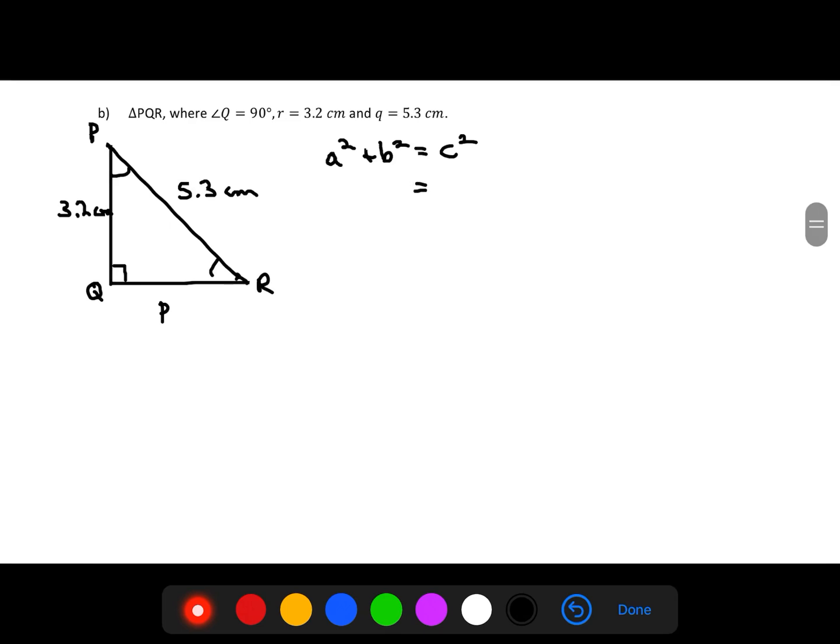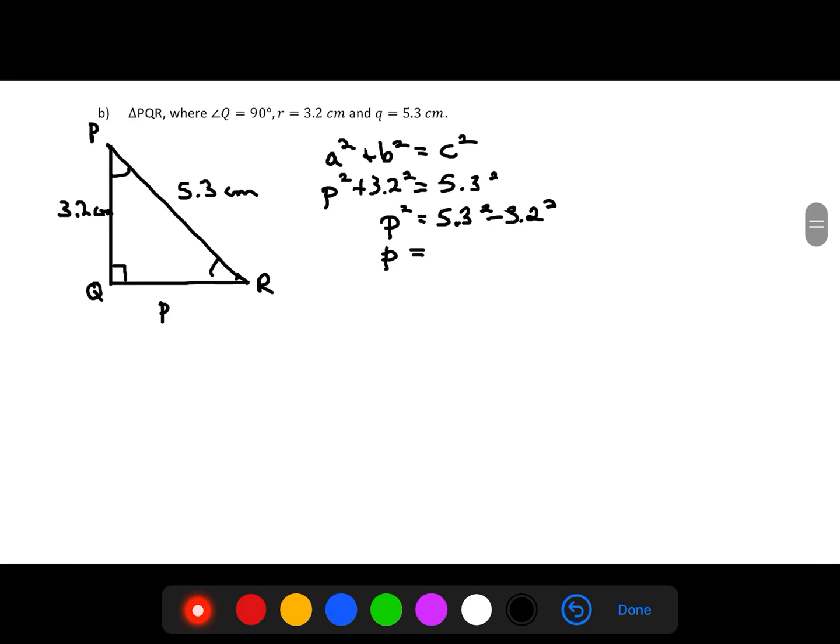We know that a squared plus b squared equals c squared. So we can't forget that we do still have Pythagorean theorem if we know two of our sides. So we want to solve for p, meaning we're going to take our 3.2 squared over to the other side where it becomes subtracted.